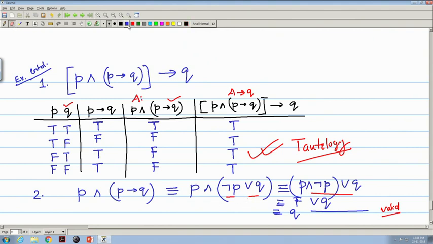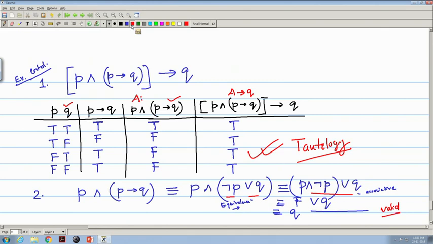Equivalence of implication, it is associative, and this is our absorption, F or Q is Q only. So, these 3 together we can tell that the name is the modus ponens.